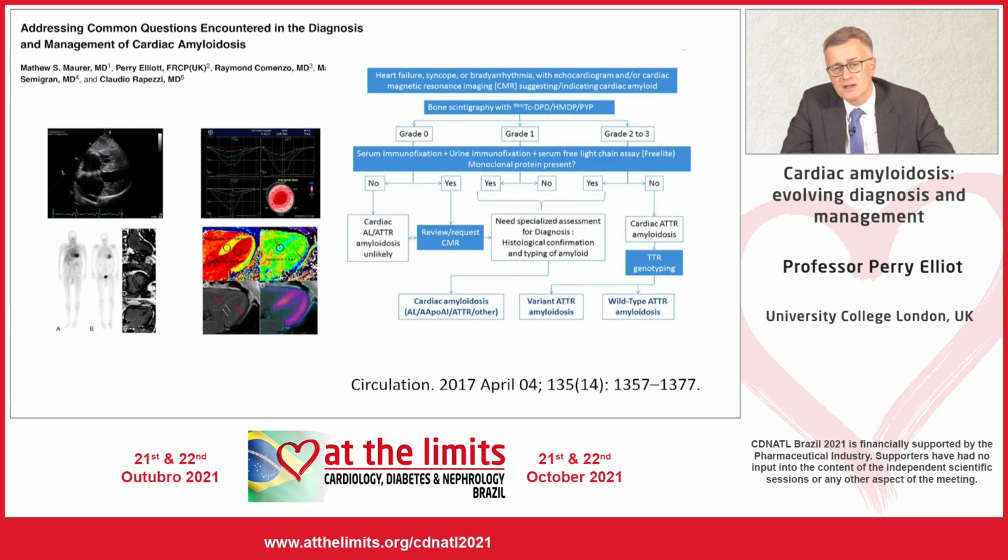One should then seek light chain amyloidosis, and in particular look for light chains in blood and urine. If this is negative, then it is unlikely the patient has AL amyloidosis. The major remaining indication for a biopsy is in those patients who have a positive DPD scan and evidence for a plasma cell dyscrasia, and in those instances, a tissue biopsy is usually required to distinguish between the two.